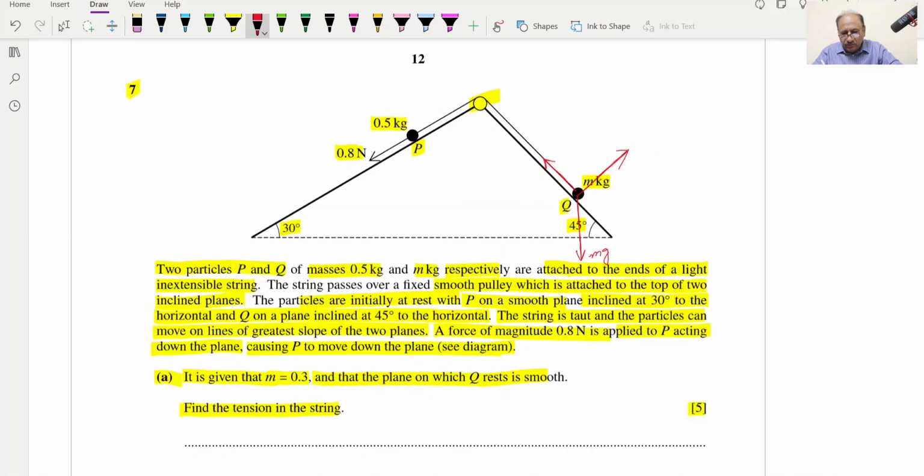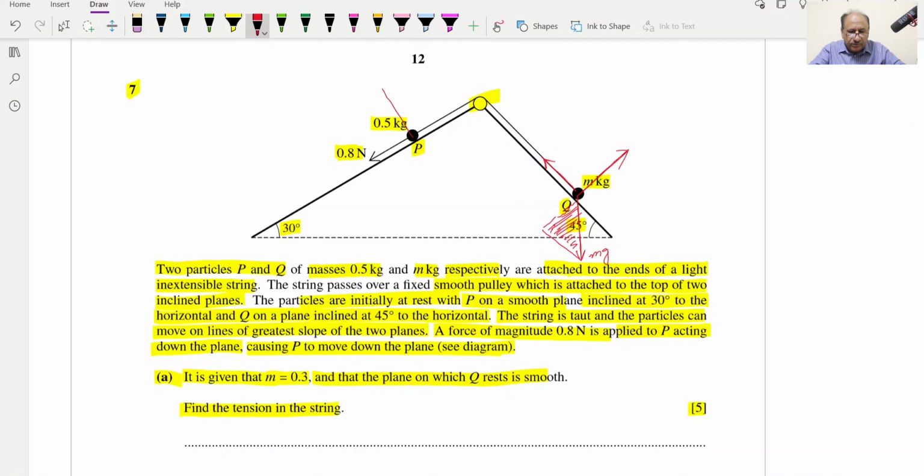We can resolve this force into two components, and those two components will be like this one. So this will be our triangle for that one. And now we can consider this force.